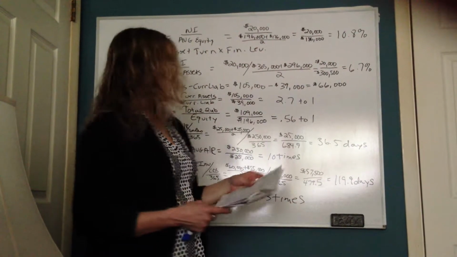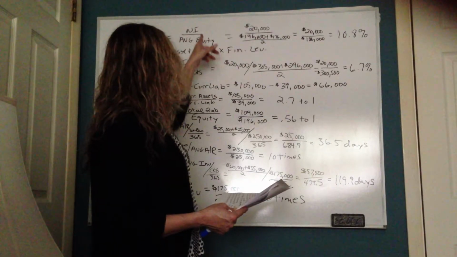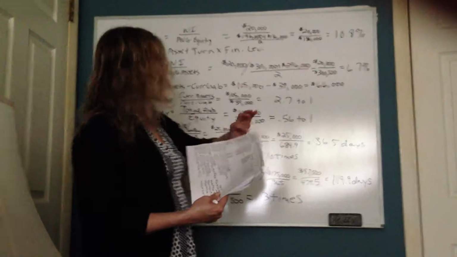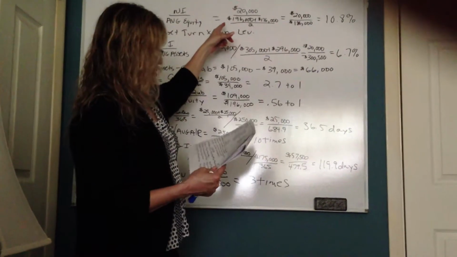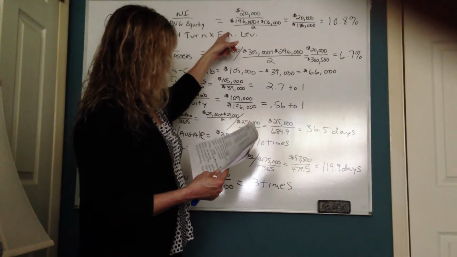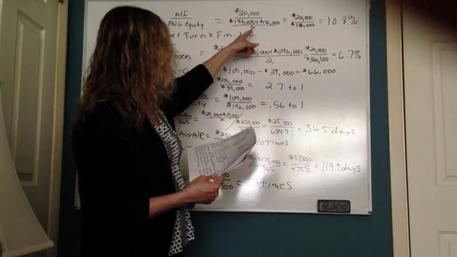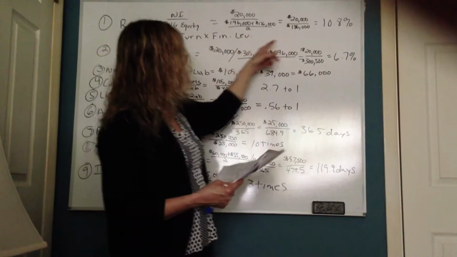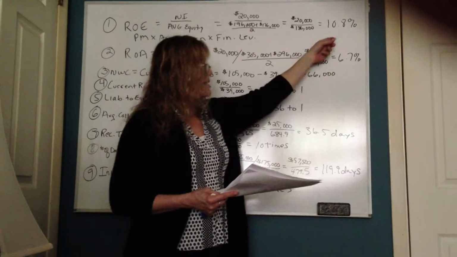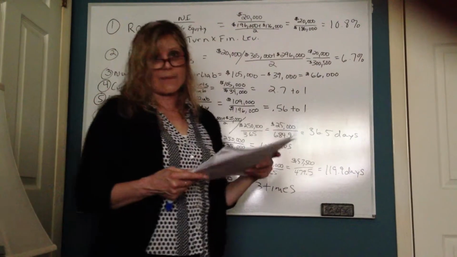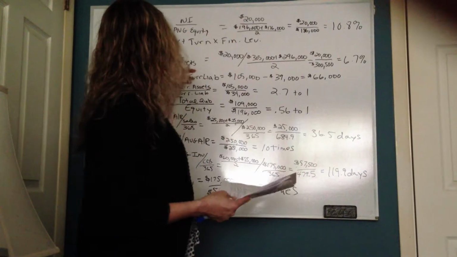That's how you get the average. So if you look for ROE, net income, if you look on the sheet, you see net income's $20,000. Our equity is $196,000 for the current year, $176,000 for the last year, so we divide that by 2, and we end up with $20,000 divided by $186,000, and that tells us our ROE is 10.8%.